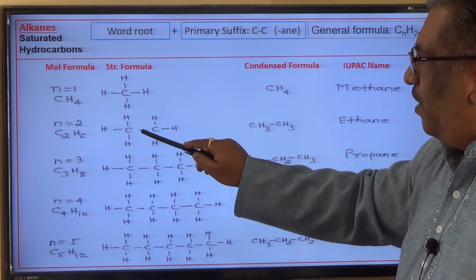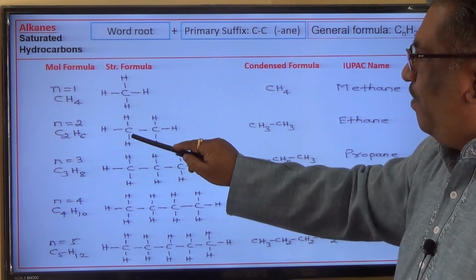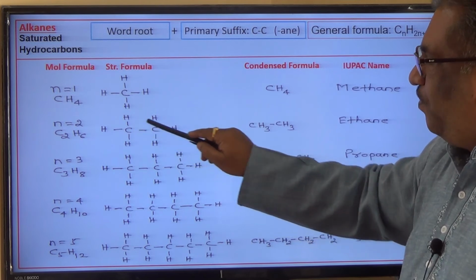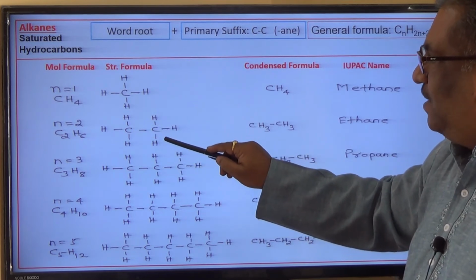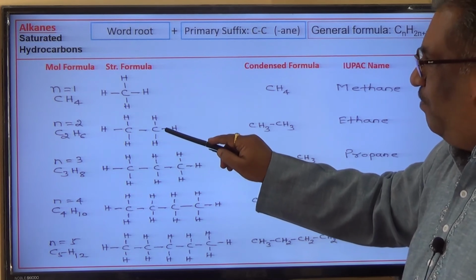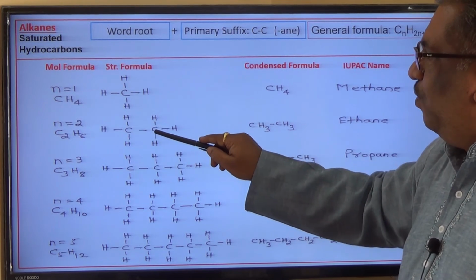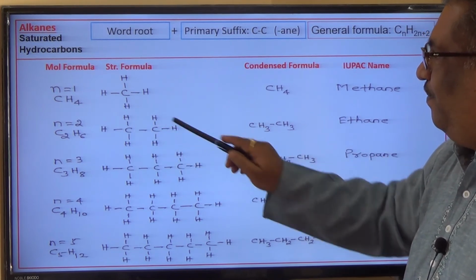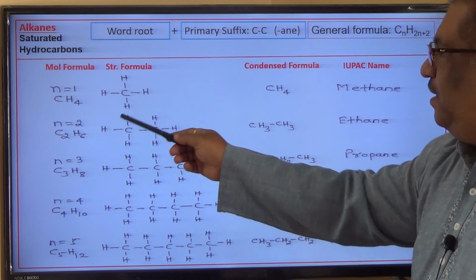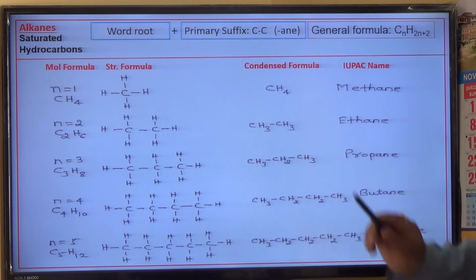There are 4 valencies for each carbon, so the valencies must be balanced like 1, 2, 3, 4. So this is the C2H6 structural formula. The condensed formula is CH3-CH3.